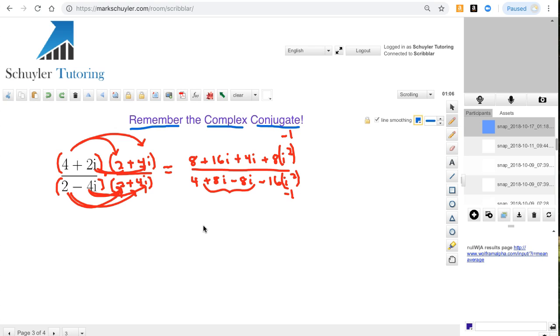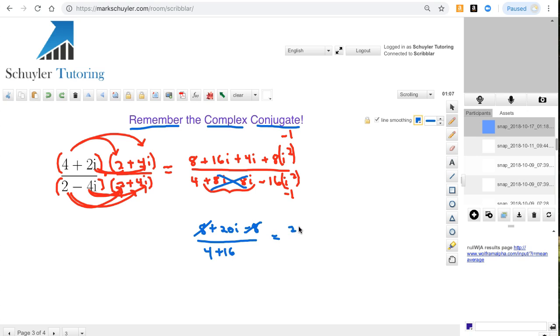I'm going to tackle the numerator first. I have 8 plus 20i minus 8. Oh, well, look at that. 8 times negative 1 is minus 8. So these guys cancel each other in the numerator. And now I'm going to tackle the denominator. We already saw how those guys cancel. So I have 4. But here, when I have negative 1 times negative 16, I get positive 16.